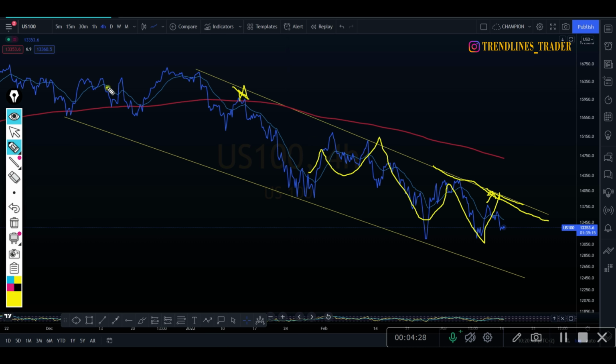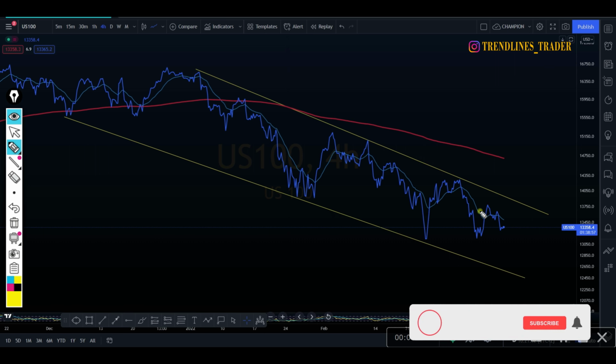As you can see, there are a couple of turning points where the price turns and doesn't touch our trend lines or doesn't reach our support zone or our resistance zone.